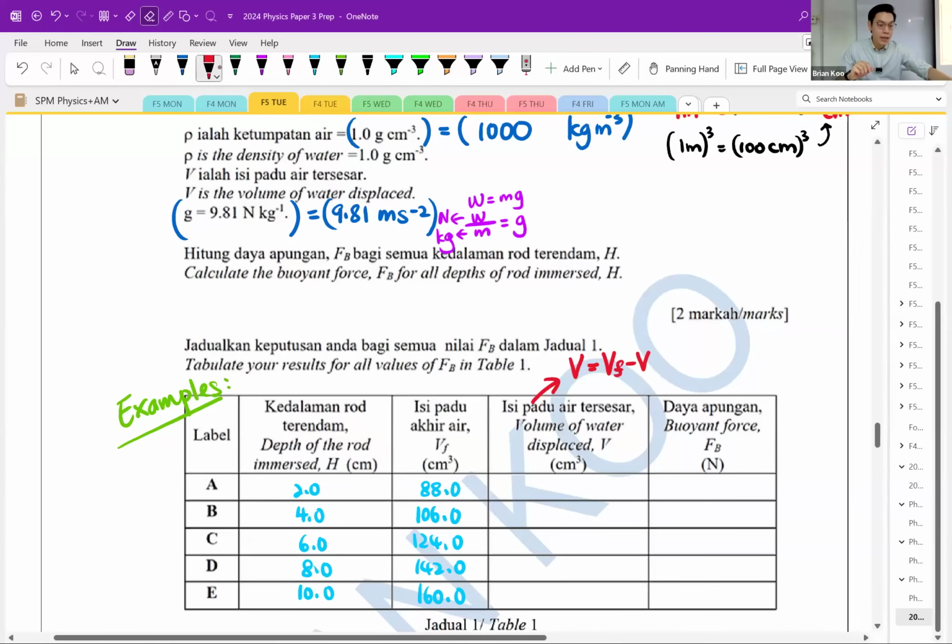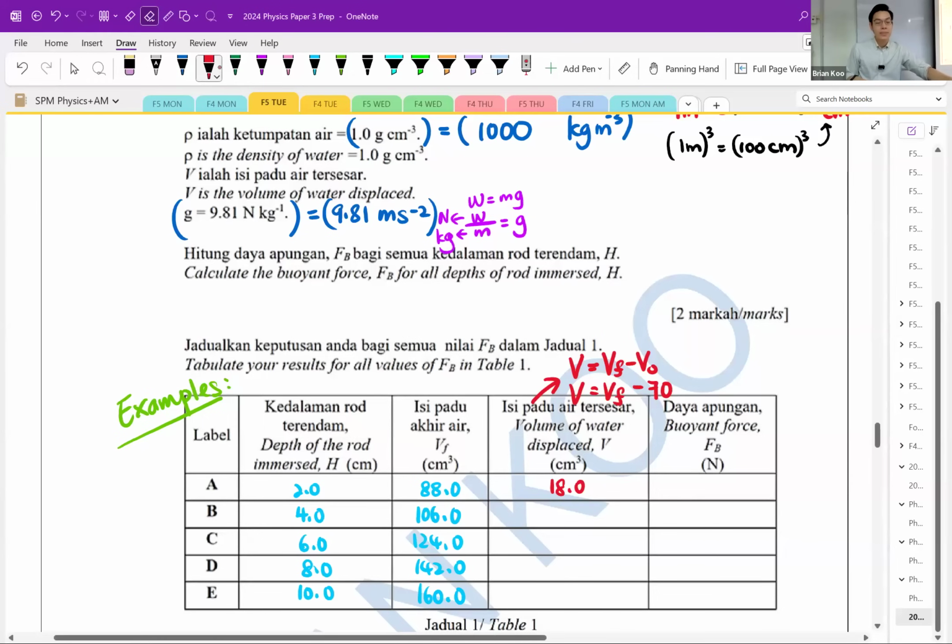I take the final volume minus the initial. The initial that this experiment used was 70 ml or 70 cm cube. If you use 100, then you minus differently. So you take 88 minus 70, then you get 18.